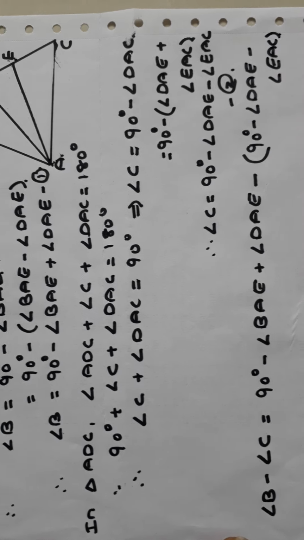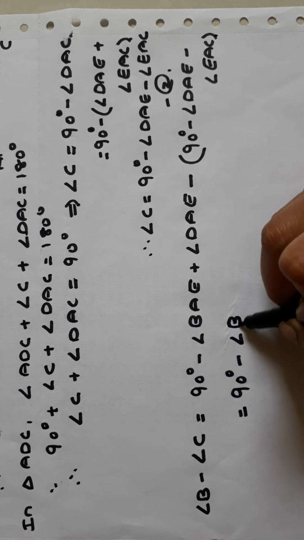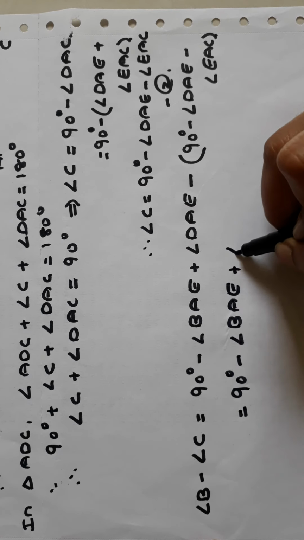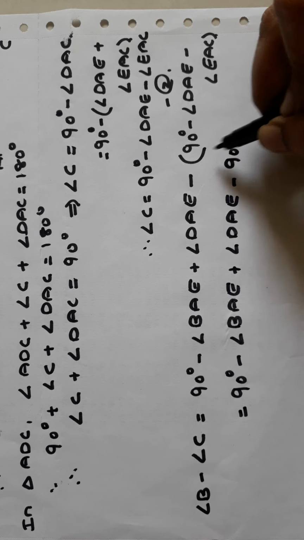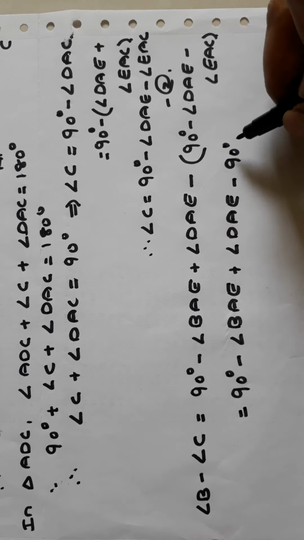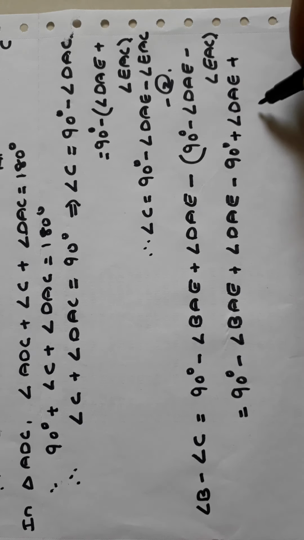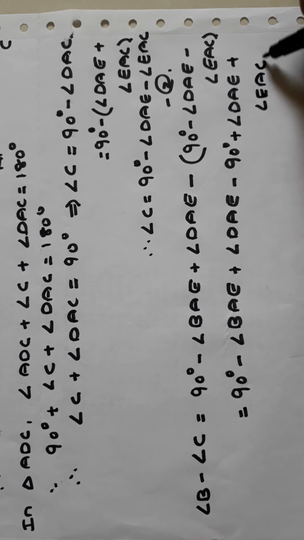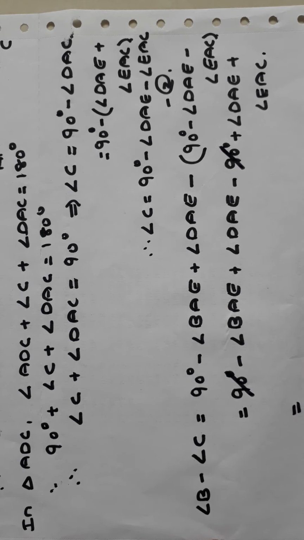This is from 1 and 2. You are subtracting 1 and 2. 90 degrees minus angle BAE plus angle DAE. Take minus inside the bracket. Minus plus minus, minus minus plus. 90, 90 cancel out.